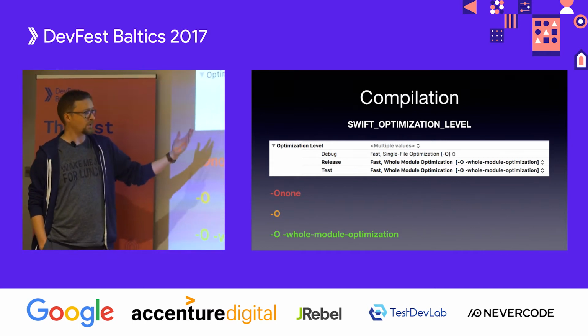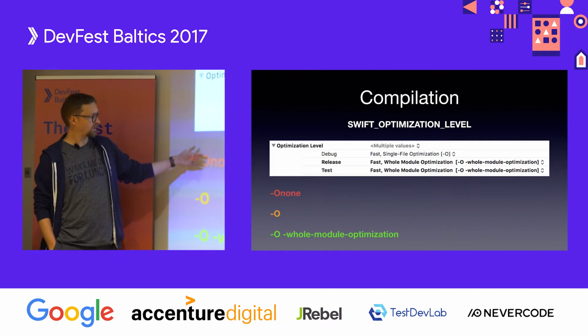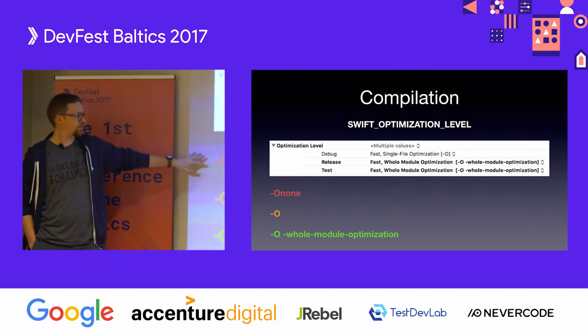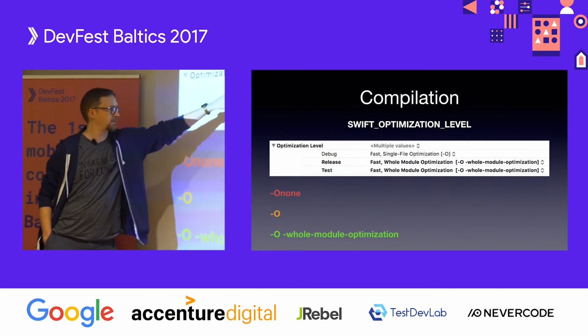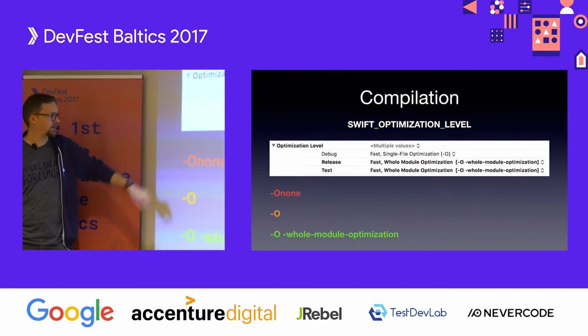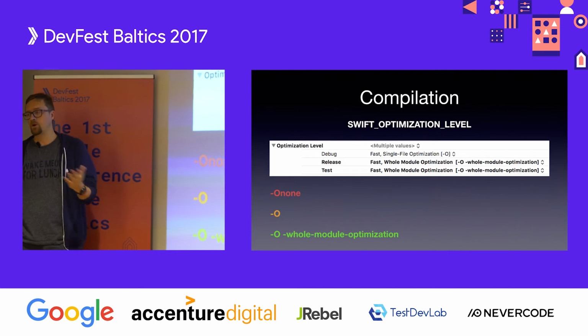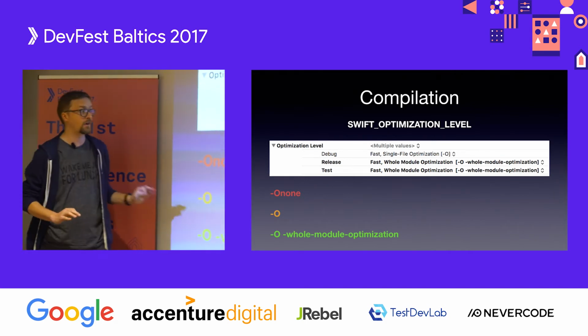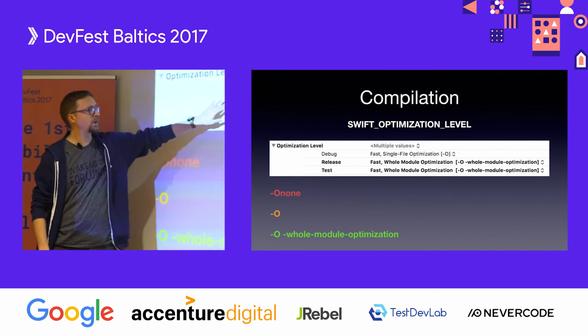Optimization has 3 values. None is usually used for debug. I don't use it for debug here, but normally this setting is for debug. No optimization. It's very, very slow.